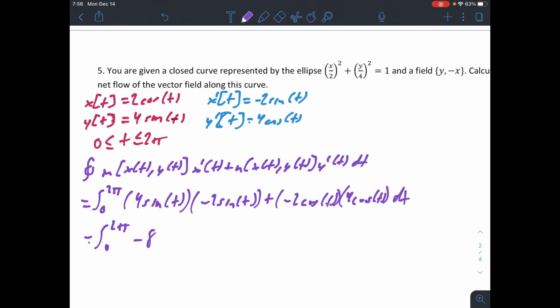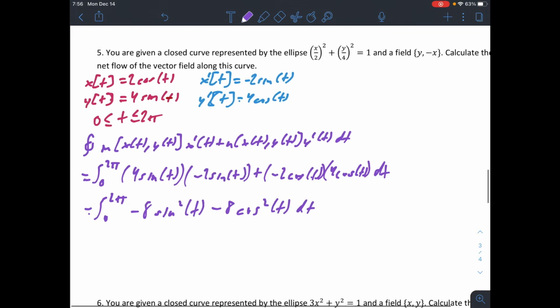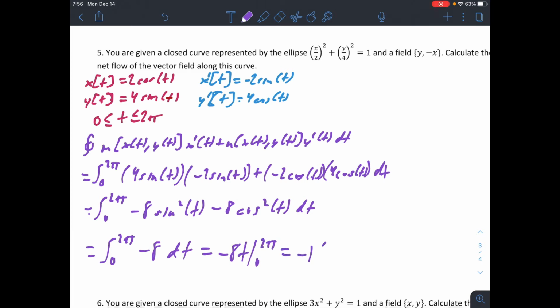Some simplifying of that gives us negative 8 sine squared of t minus 8 cosine squared of t. If you factor out a negative 8 from that, remember that sine squared plus cosine squared equals 1. So we ended up with the integral of negative 8, which is negative 8t. Plugging in 2 pi and 0 gives us negative 16 pi.